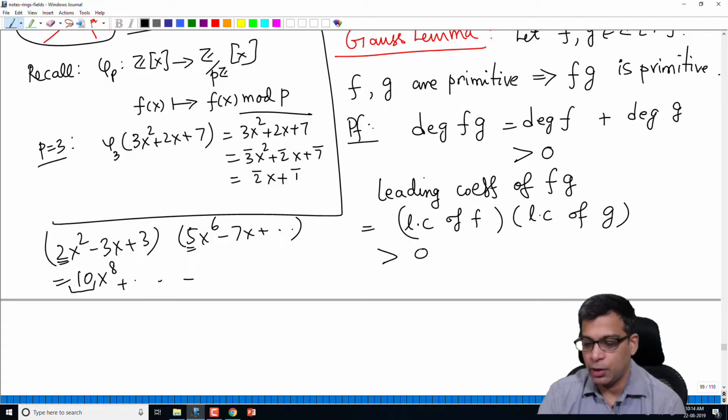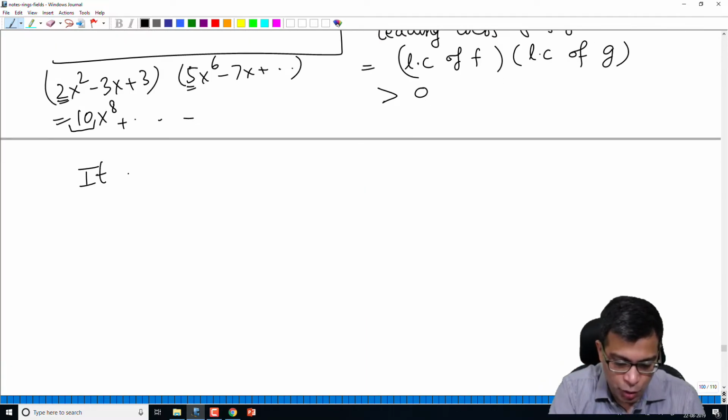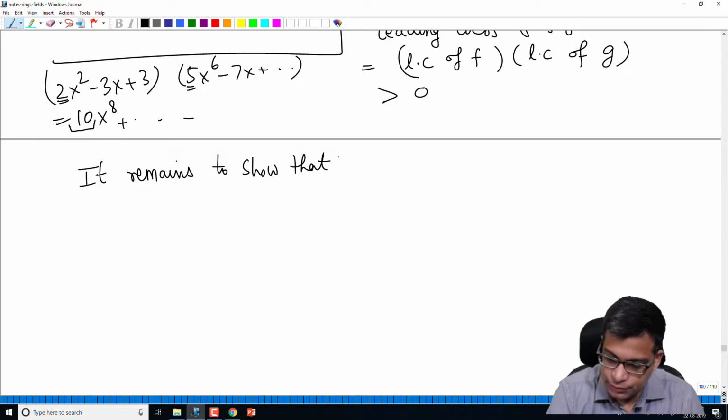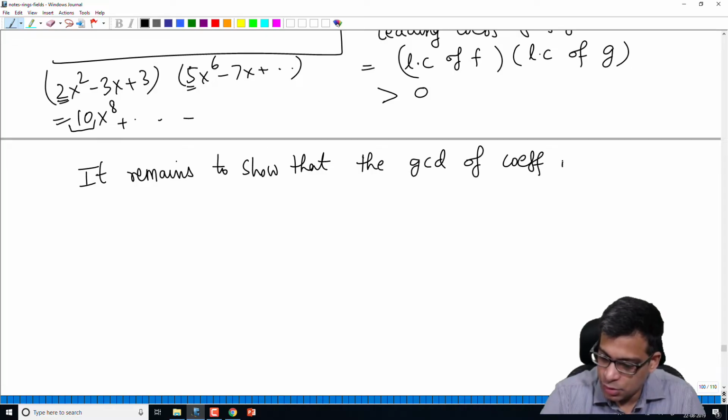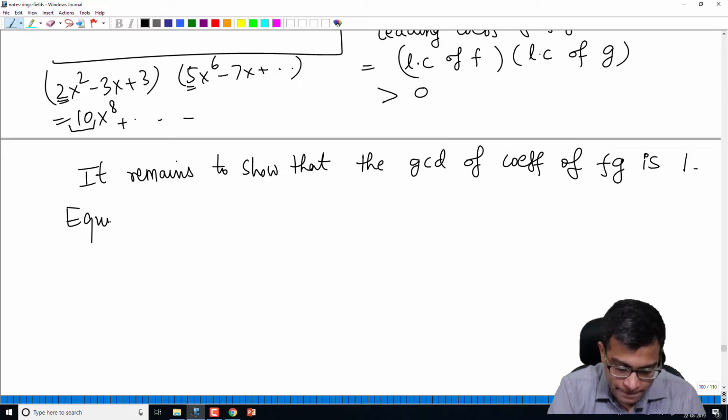But we know that the leading coefficient of f is positive, the leading coefficient of g is positive, so the leading coefficient of fg is positive. So it only remains to show that the GCD of the coefficients of fg is 1. Equivalently, that's the third condition of primitive polynomials.